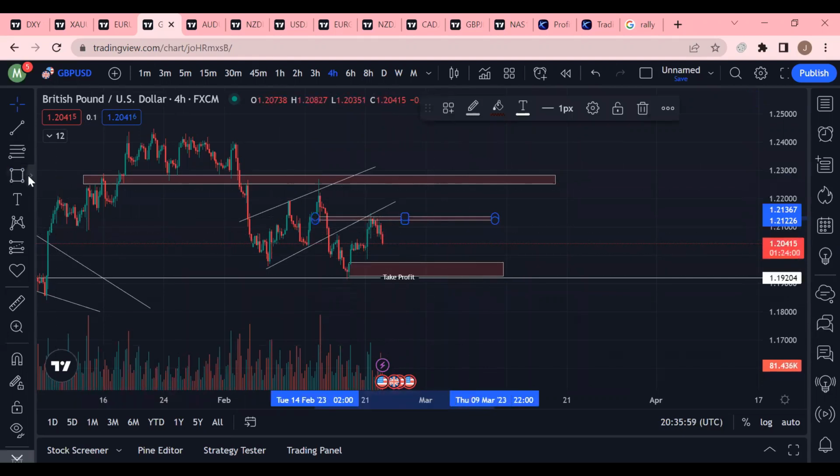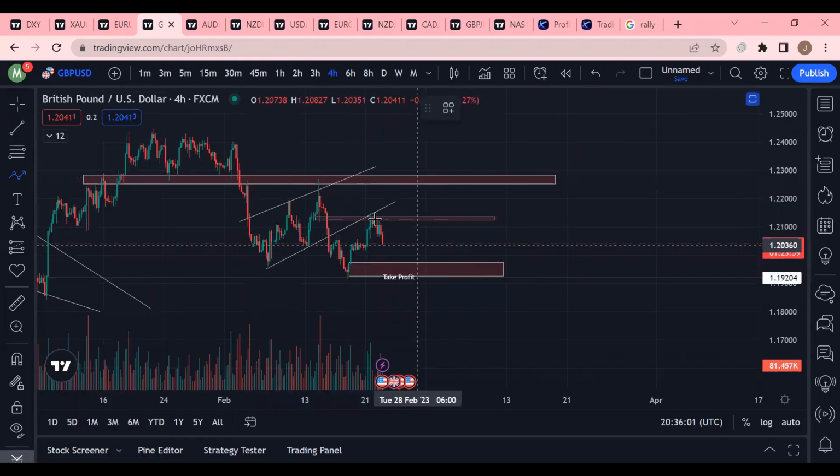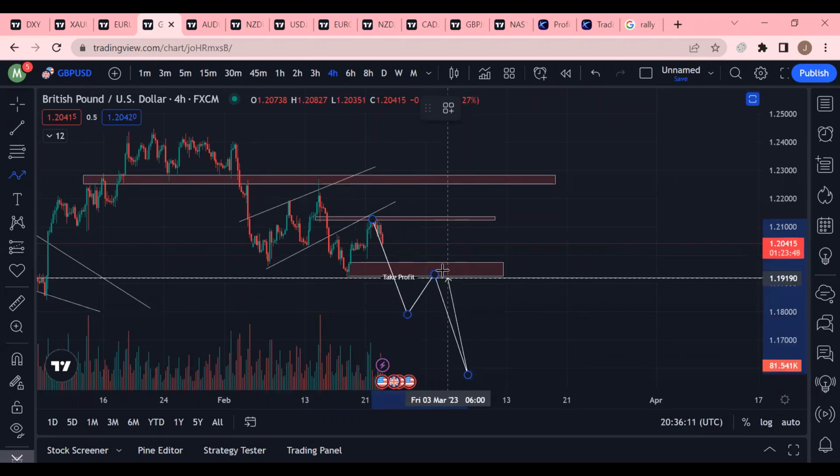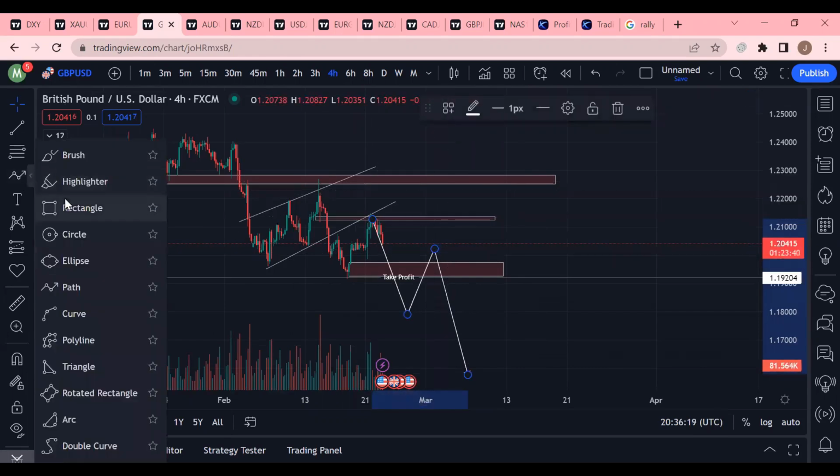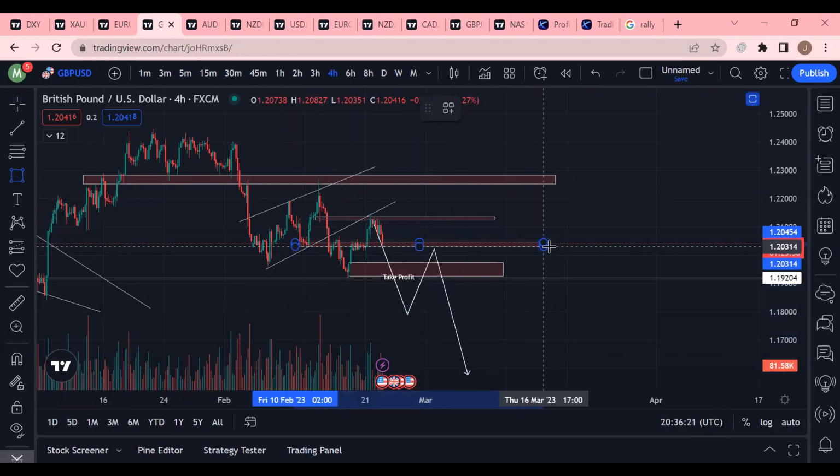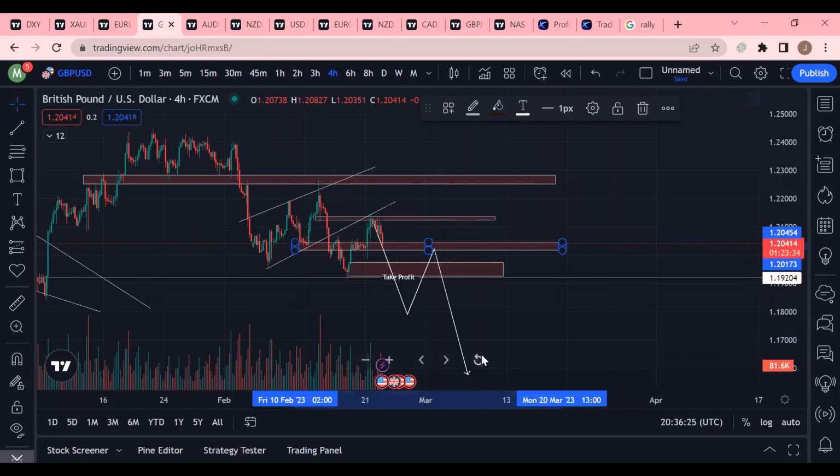This market will definitely break to the downside. You get it? Come back and test this previous support, now resistance, then break. So just watch out next week for all these setups, flush to the downside.